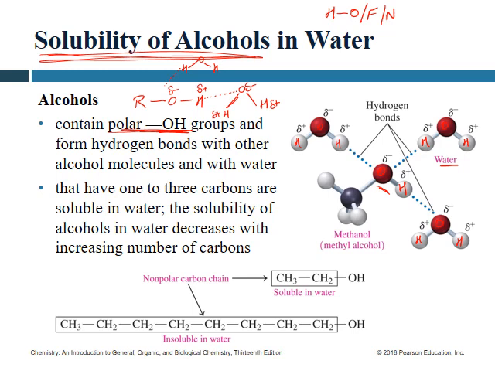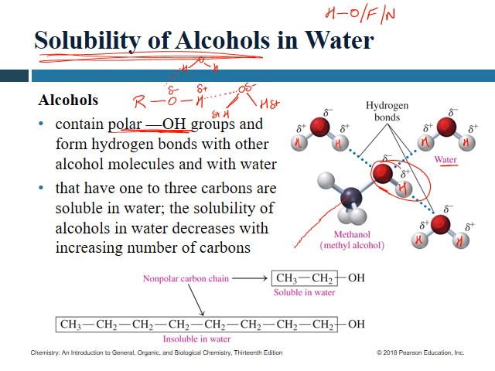Okay, but what is the problem? Consider the number of carbon atoms attached to this OH group. The only polar group here is this OH, right? The carbon chain is not polar. None of this part is polar. So if we increase more and more carbons behind this, it will decrease the solubility of that alcohol.